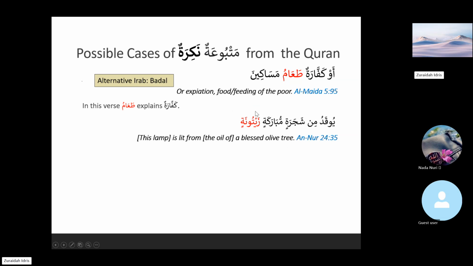We're looking at the olive tree. The translation is blessed olive tree. Here would be tree, blessed, and then zaitunatin, the one that explains what type of tree. Here again, the alternative is badal.